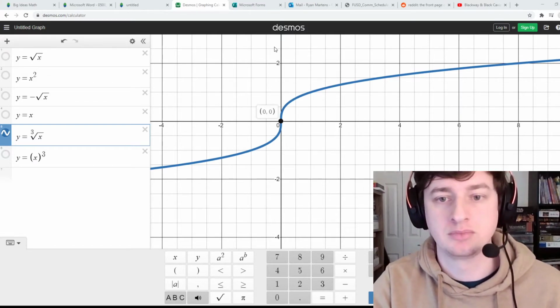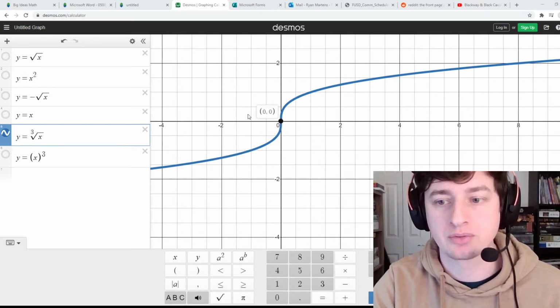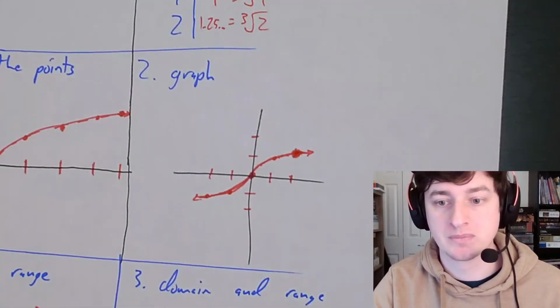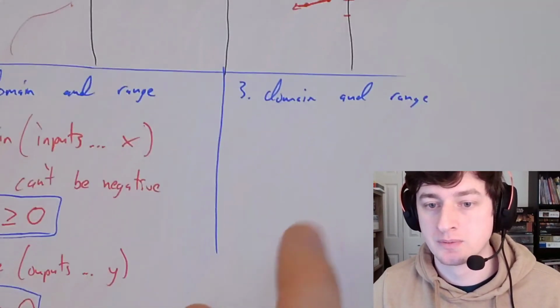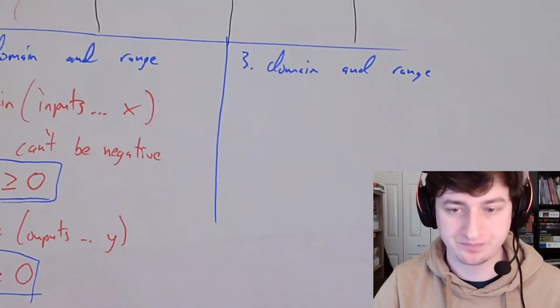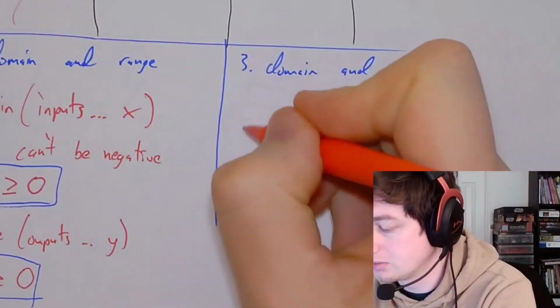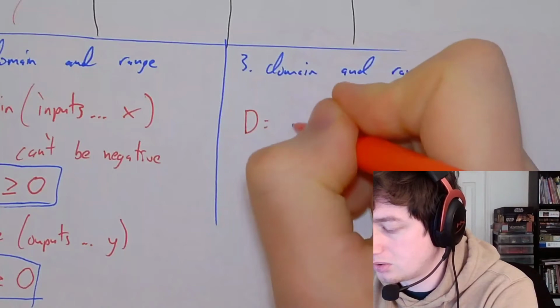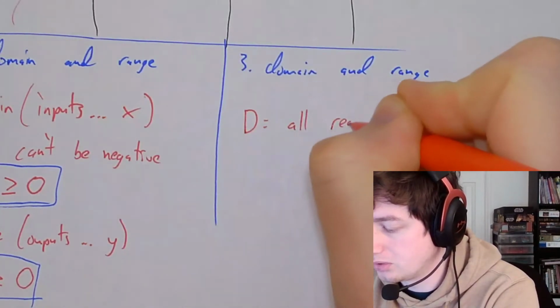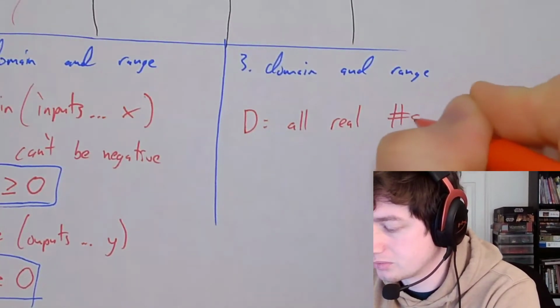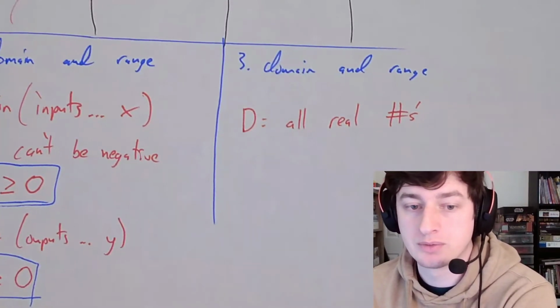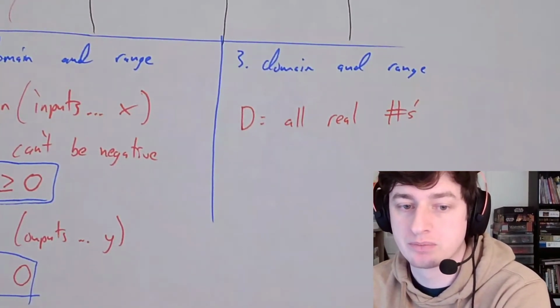Yes. So what are all the inputs? Well, the domain is all real numbers. All of them. We could put in any number.